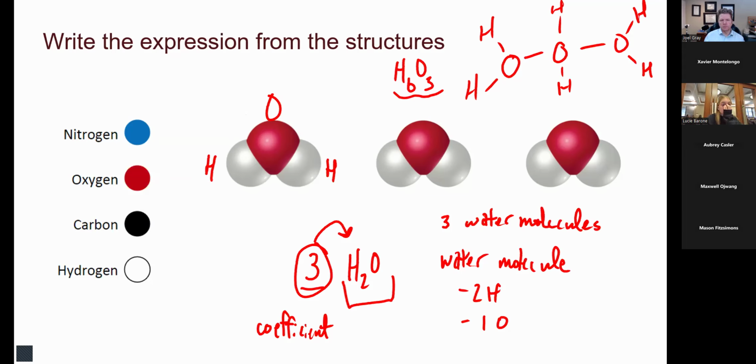This is our molecule. And then you could ask, how many of each atom are there? You could apply that and say the total hydrogen count is this, and the total oxygen count is this. So this three applies to how many of this thing there are.